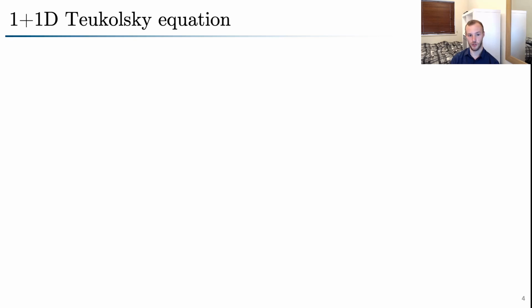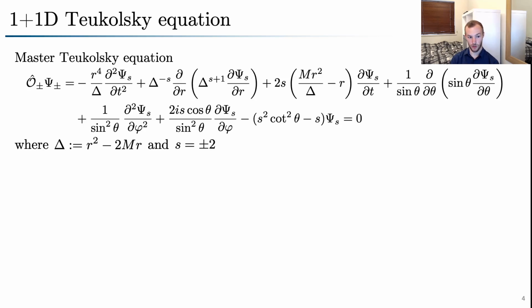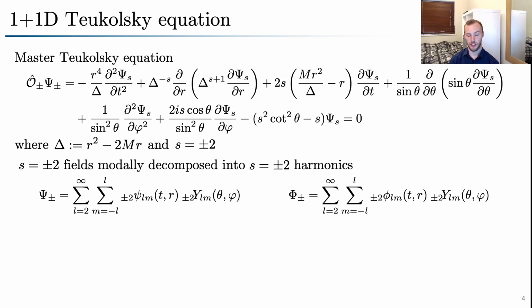So now we'll look at the Teukolsky equation. The master Teukolsky equation is written here, and as you can see this psi depends on t, r, theta and phi. So we can expand this. We can expand the spin plus or minus 2 fields in terms of spin plus or minus 2 spin-weighted spherical harmonics, as shown here.